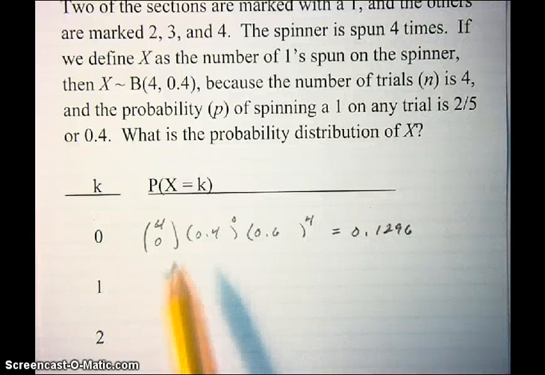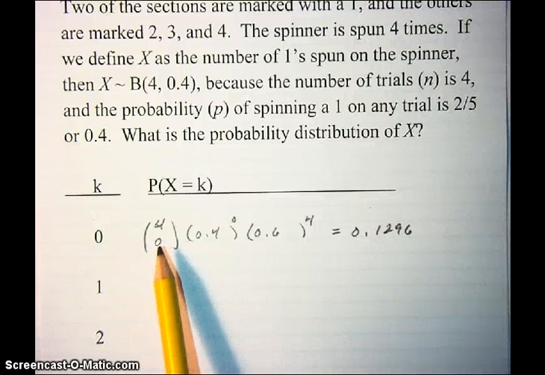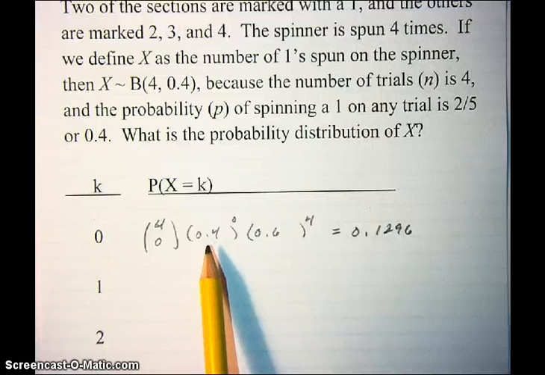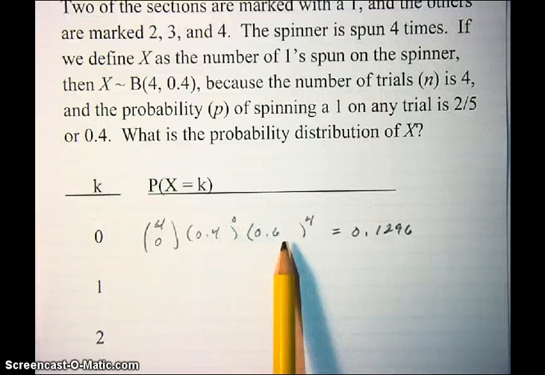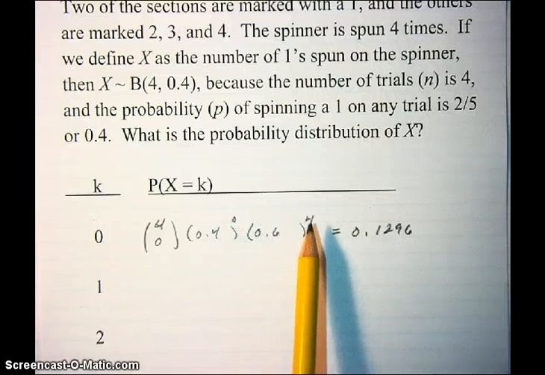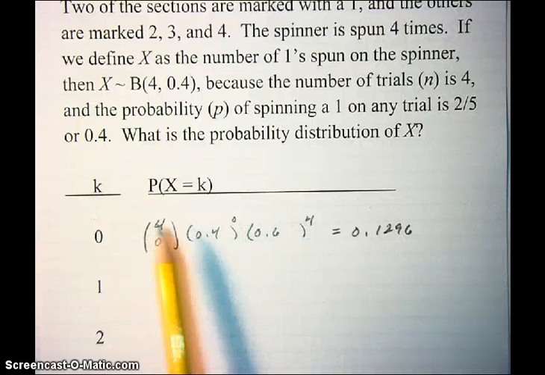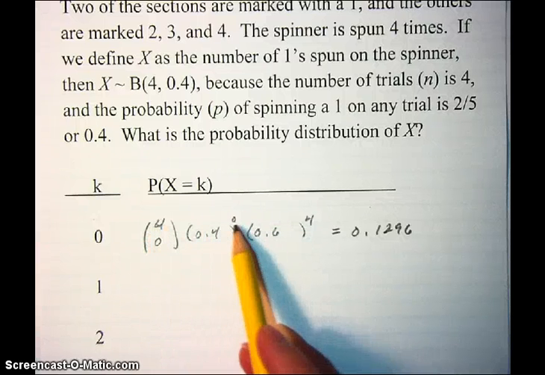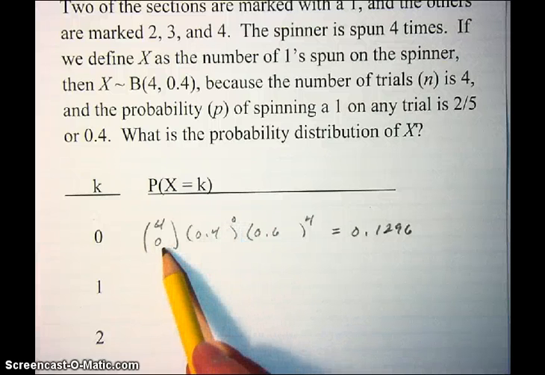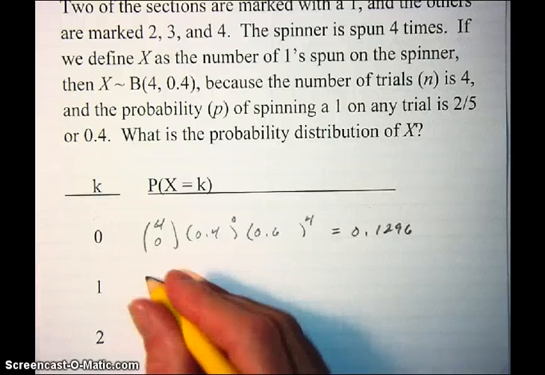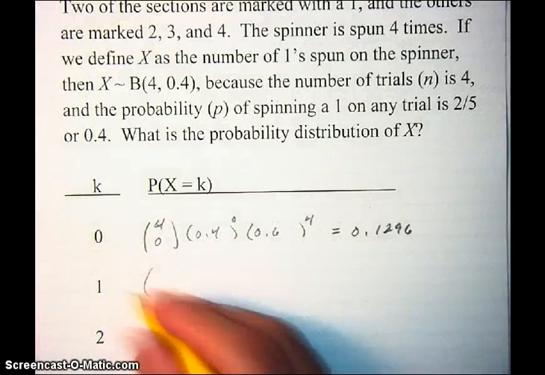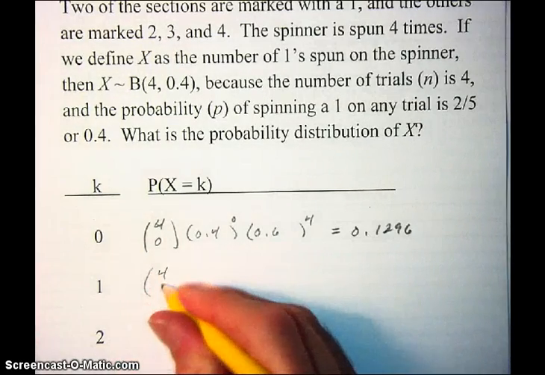So all these probabilities have this kind of structure. There's a choose, there is a probability of success raised to a power, there's a probability of failure raised to a power. These two powers have to add up to the number of trials. And then this power here on the probability of success is the same as the number of successes in the bottom here. So when we do the probability that x is 1, we'll do 4 choose 1.